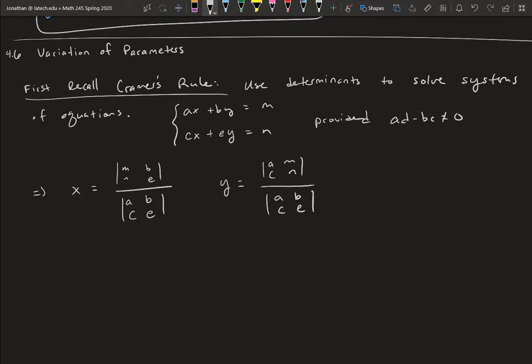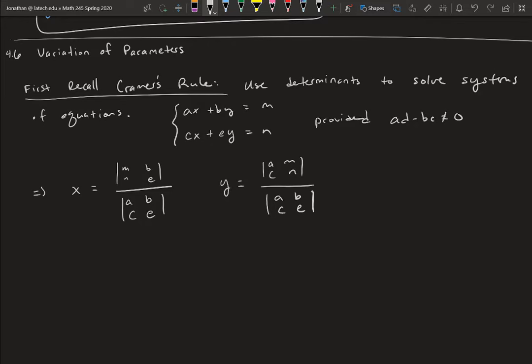So it's a quick way to solve a system if it's small. If it's a big system of equations, like 10 equations, 10 unknowns, it's probably the most inefficient way to solve it. But if it's a small system and you're doing it by hand, it's pretty easy to do, especially 2x2. So yeah, that's Cramer's rule.